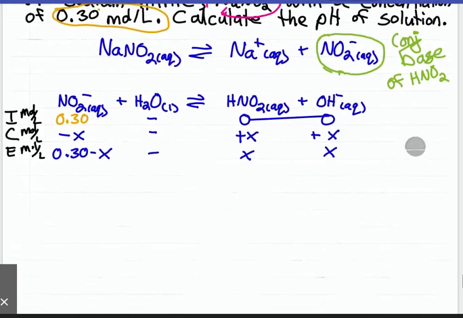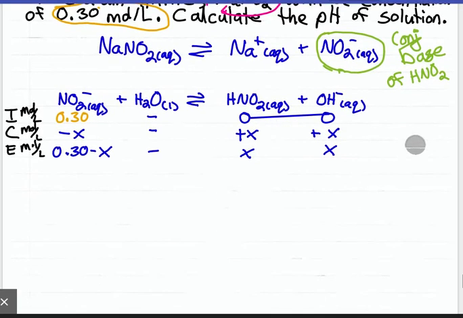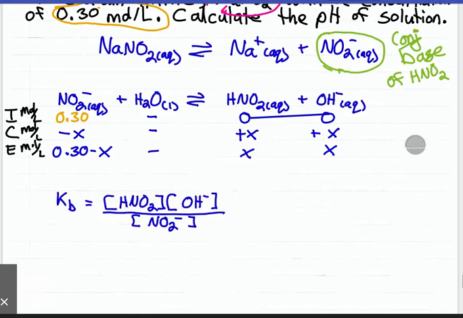Okay, so a lot of steps though to get there. What we have to do is set up an equilibrium expression to solve for our X. So you write out your equilibrium law expression, and I want you to note that I am using a Kb.